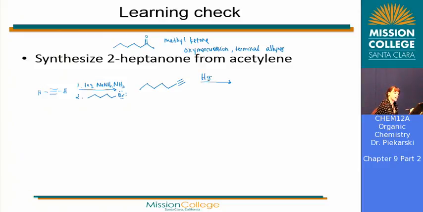We do need mercury, but we'll use mercury sulfate instead of mercury diacetate. We will need some sulfuric acid and water, and everything's added all at once. It's not like a two-step process. No sodium borohydride needed. Okay? And this is going to give you your 2-heptanone, your methyl ketone.